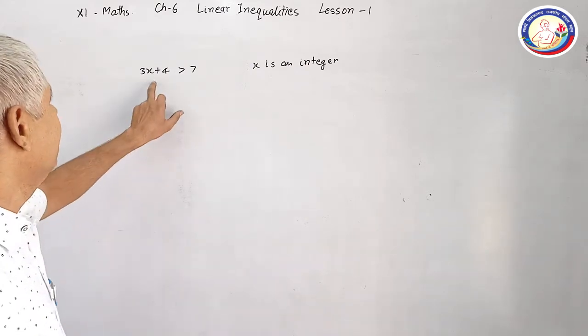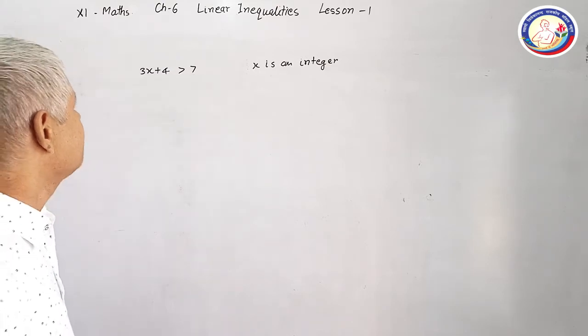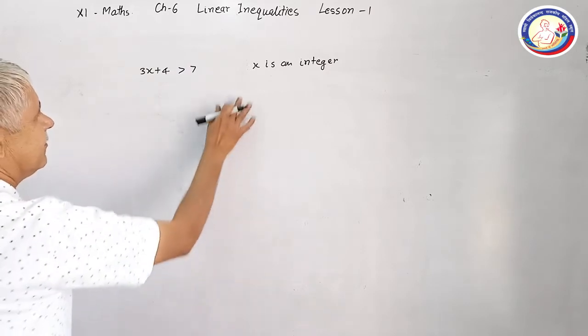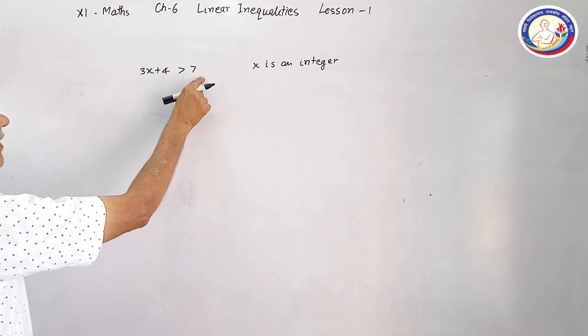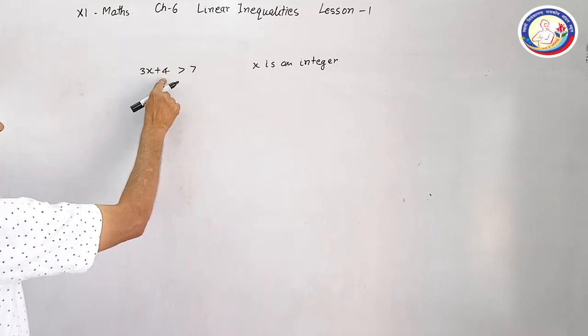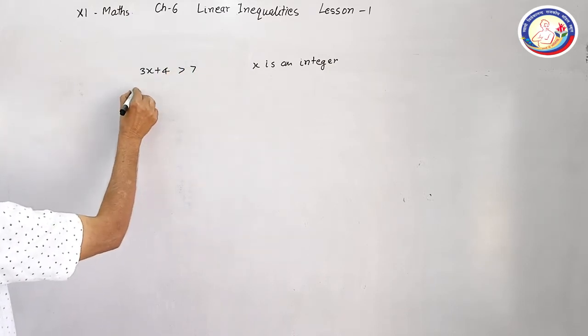Now we have to find the value of x which satisfies this condition. We can add the same number to both sides to change its form. So I am adding minus 4 or subtracting 4 from both sides.